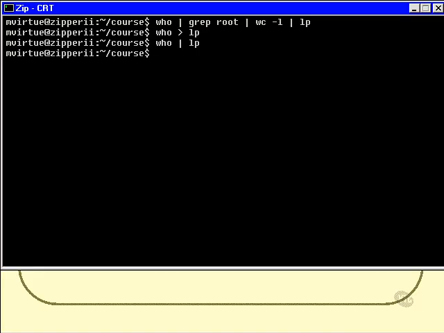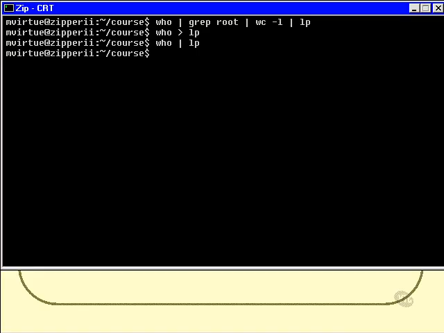The first of those two will actually create a file in the current directory that is called lp, and the results of the who program will go into that file. The second command will take the results of the who program and send them to the line printer via the program lp. So in the first instance, lp is interpreted as the name of a file.